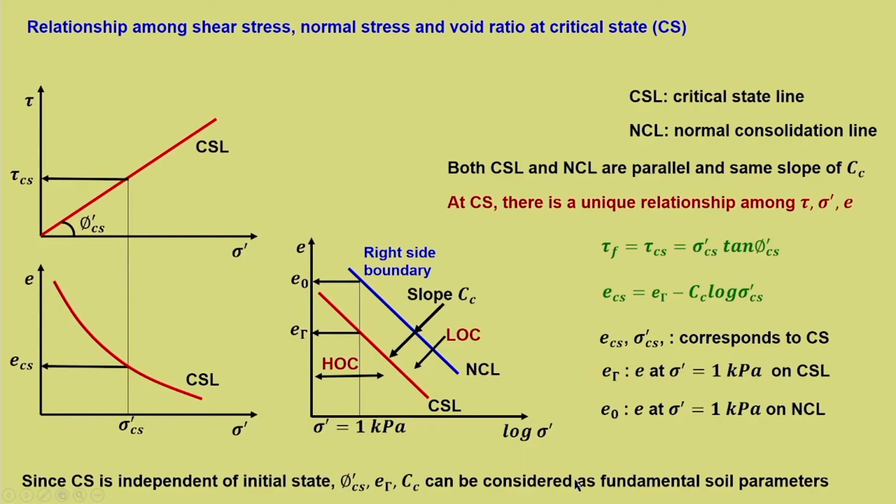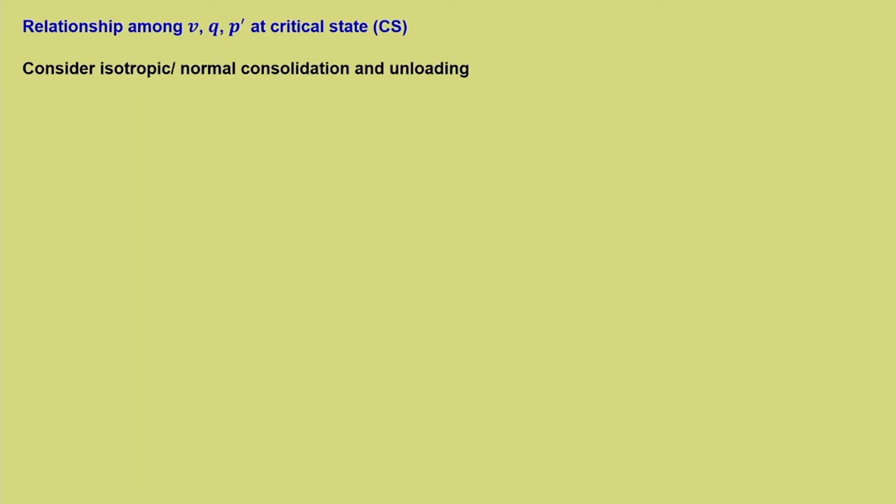Now, we have discussed in terms of tau, sigma dash and e, but in most cases you will see that the critical state framework is discussed in terms of q, p dash and specific volume. So, let us try to understand that. Consider isotropic or normal consolidation and unloading.